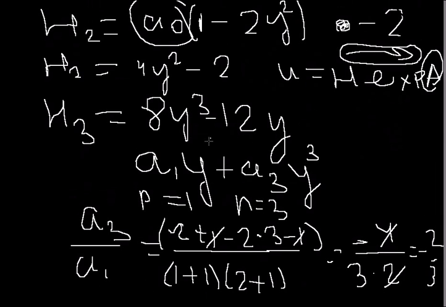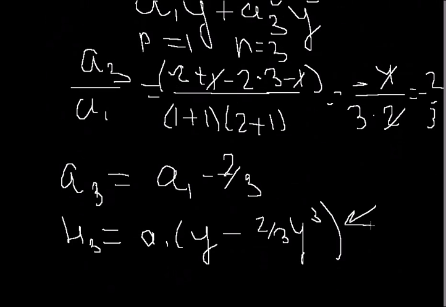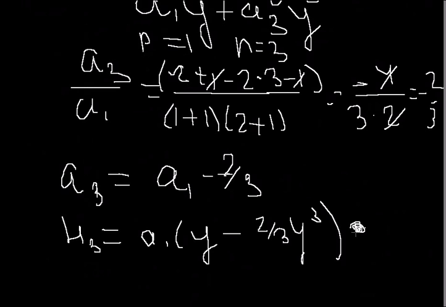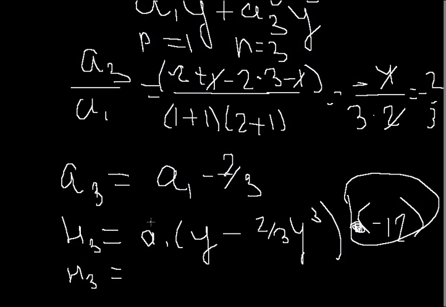We multiply this member by minus 6, minus 12. It lets us write it as a Hermitian polynomial. Or we can tell that we take here a1 minus 12 squared, 8 minus 12.